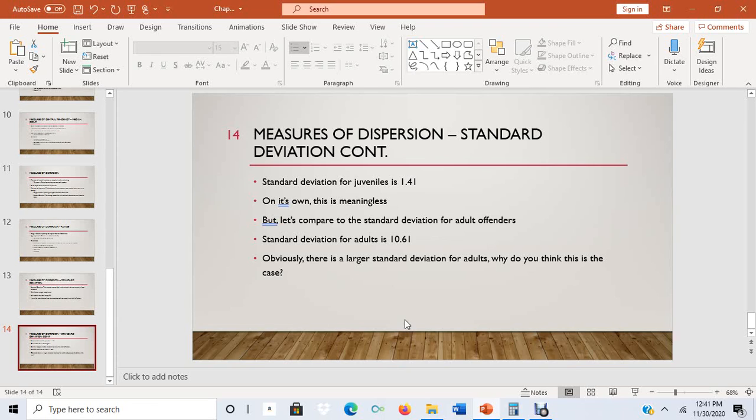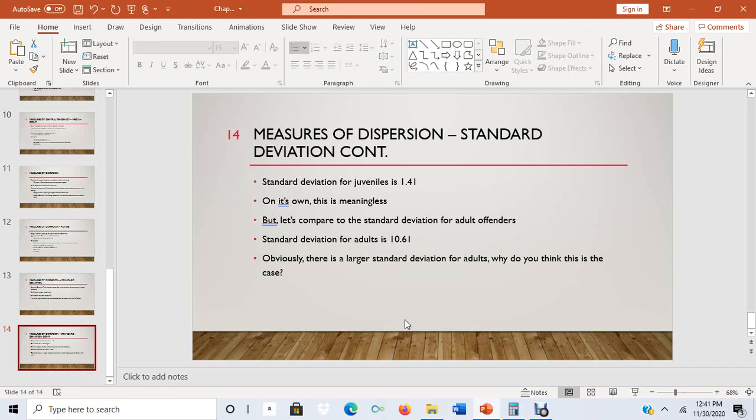On its own, if we just looked at that standard deviation of 1.41, it doesn't really mean anything. The standard deviation is good when it comes to comparing data sets. If we look at the adult data set and compare it to the juvenile data set, the standard deviation for adults is a lot larger, 10.61.